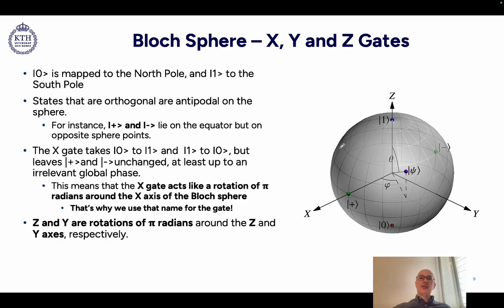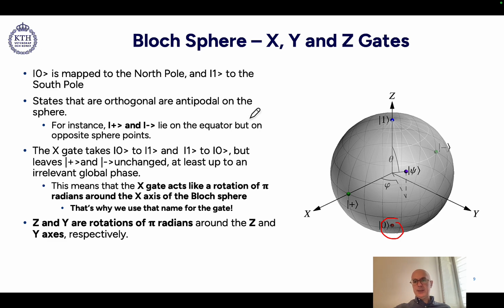I want to make a connection now between the Bloch sphere and the x, y, and z gates, these single qubit quantum gates that we saw in the previous lecture. So if 0 is mapped to the North Pole and 1 is at the South Pole, then these states are orthogonal on the sphere.